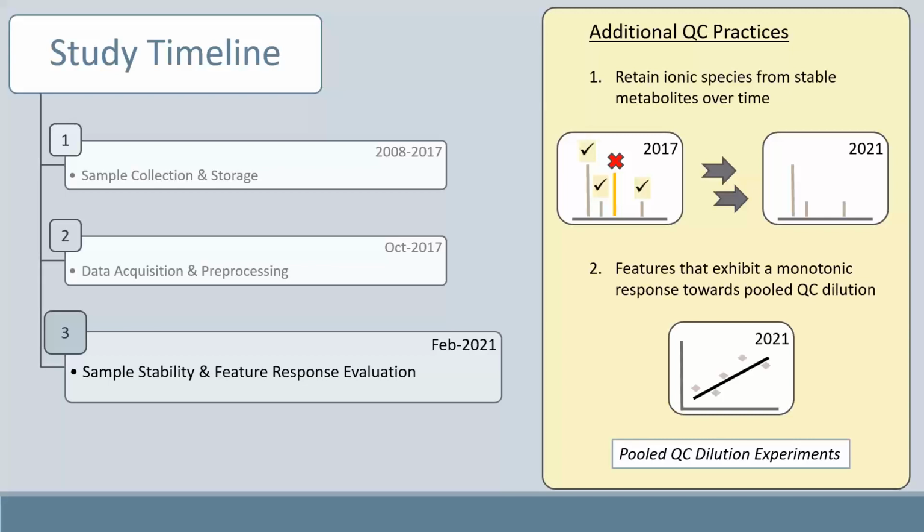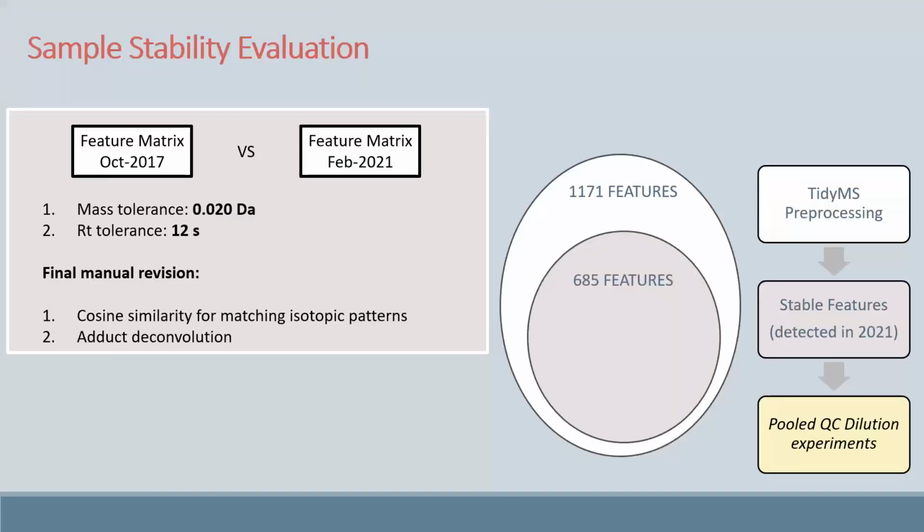Regarding sample stability evaluation, we analyzed again sample extracts which were frozen at -80 degrees, and after extracting a new feature matrix with Progenesis QI, we decided to search each one of the almost 1100 features in this new feature matrix.